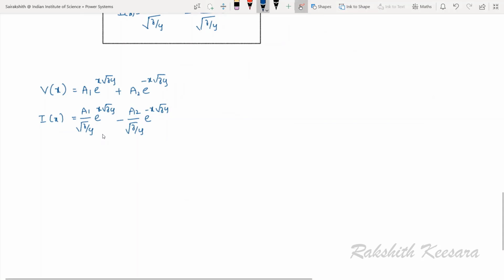In these two equations, apart from the constants, you are seeing another two terms, that is root over Z into Y and root over Z by Y. Let me define these two terms. The first one is root over Z into Y. We will call this the propagation constant.